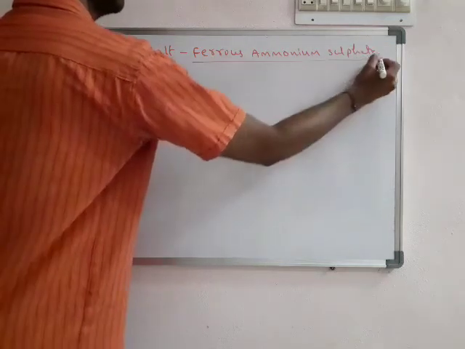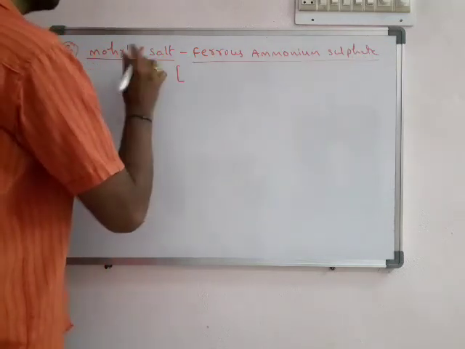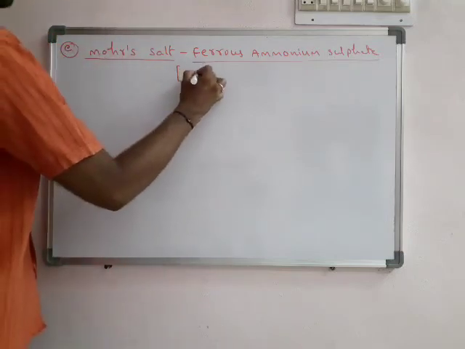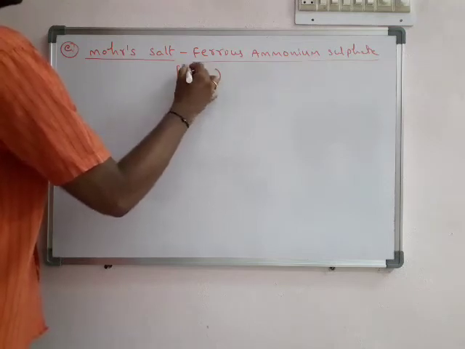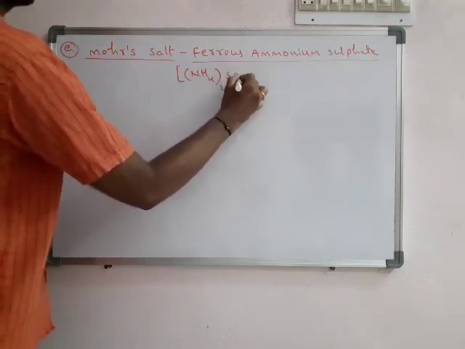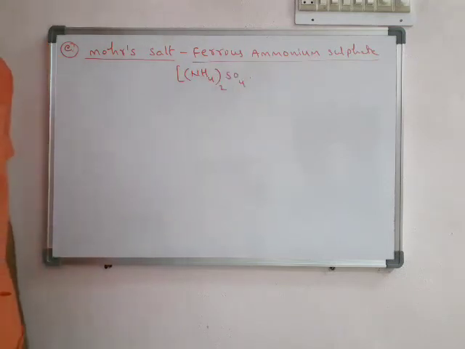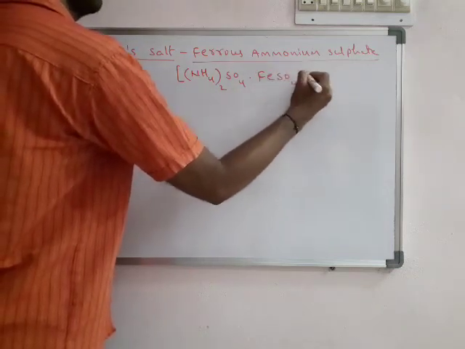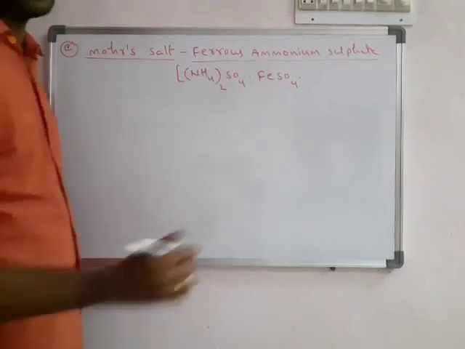Okay, it's a common name. Its trivial name is Morse salt. So what is the formula? Ammonium sulfate and ferrous sulfate and H2O.